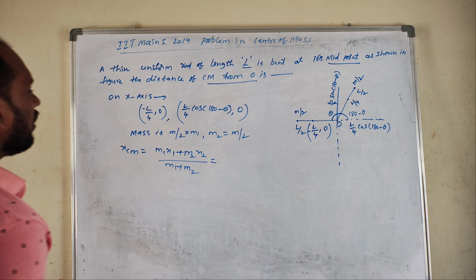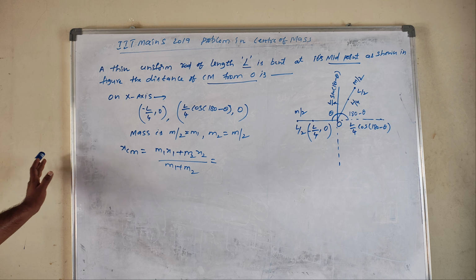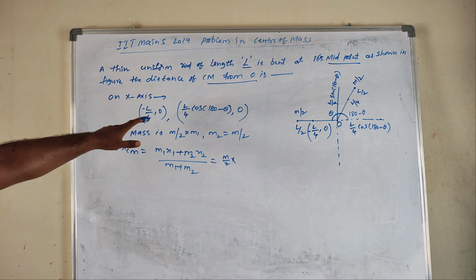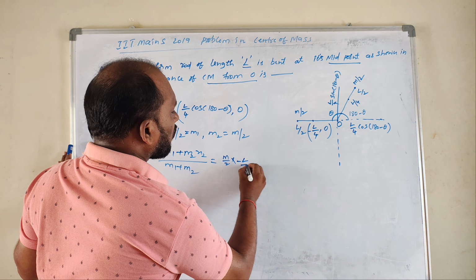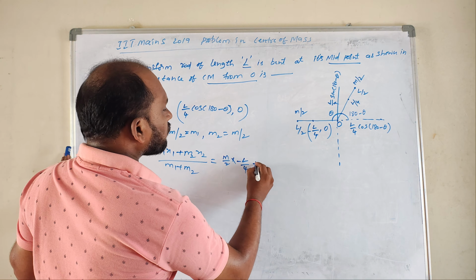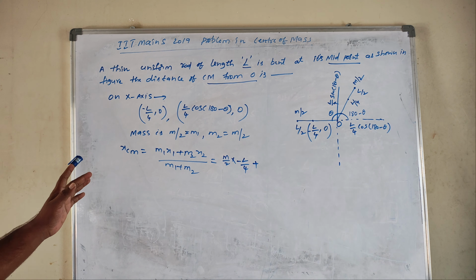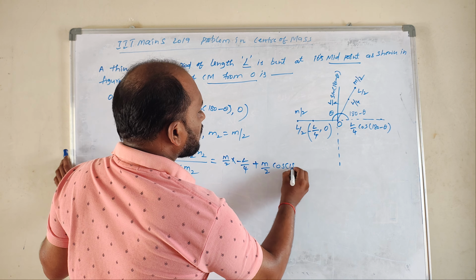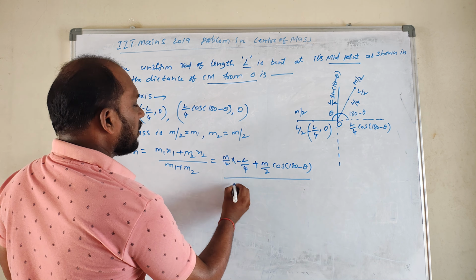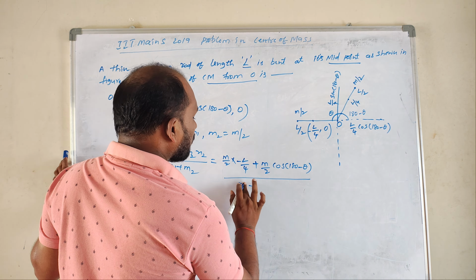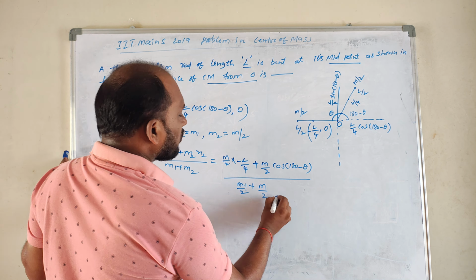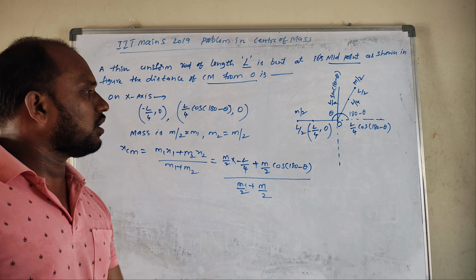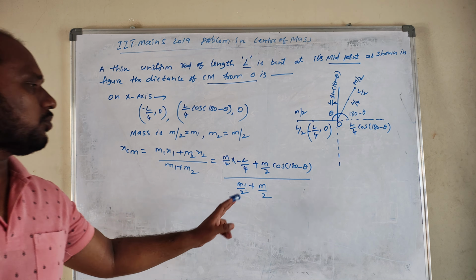So m1 is m by 2 into minus L by 4, plus m2, which is m by 2, into cos(180 minus theta), by m by 2 plus m by 2.